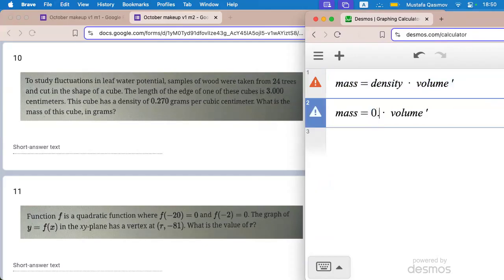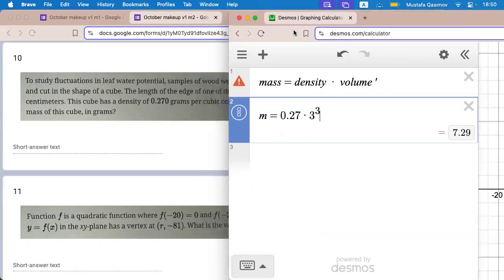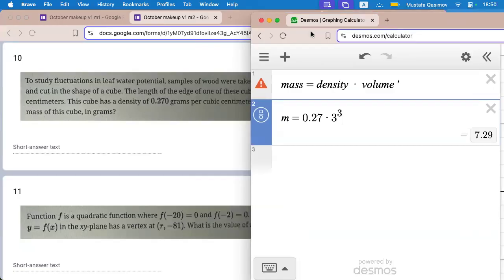Let's write here. It says that edge of cube is equal to 3. It is not 3000. Be careful here. It is 3. Then volume is equal to 3 cubed. Then from here we need to just find value of mass. And the answer will be 7.29. This question was also asked 4 or 5 times in the real exam.